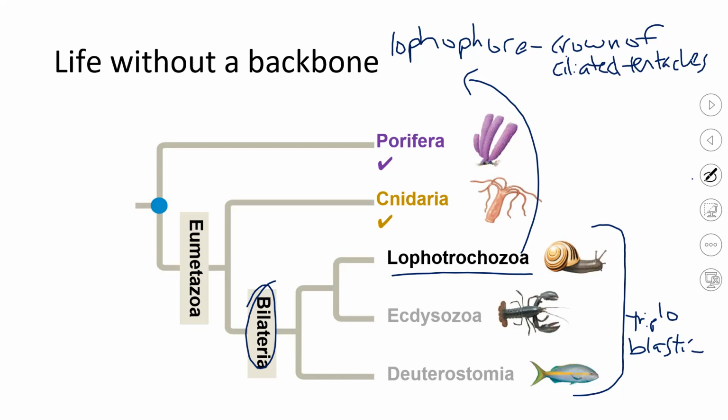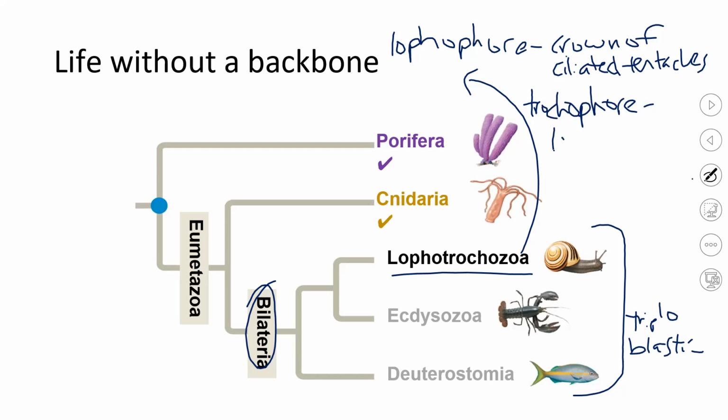The other thing that some of these have, some of them have both, some of them only have one, is a trochophore, which is how we get the name Lophotrochozoan. Luckily, it's not a spelling test for me either. That's why I have my notes here.